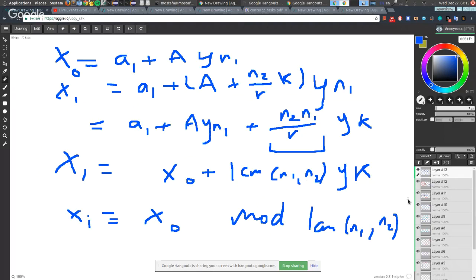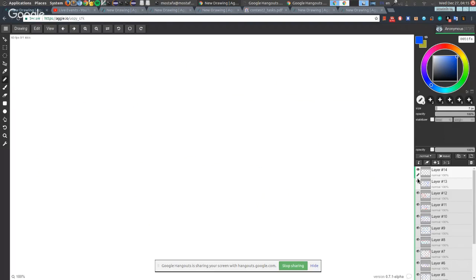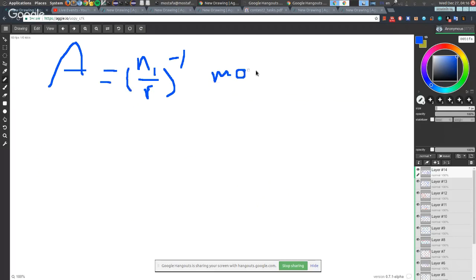Just writing down the code. So this leads to the conclusion that A is equal to the multiplicative inverse of n1 over R, modulo n2 over R. So this is one of the solutions for Bezout's identity.